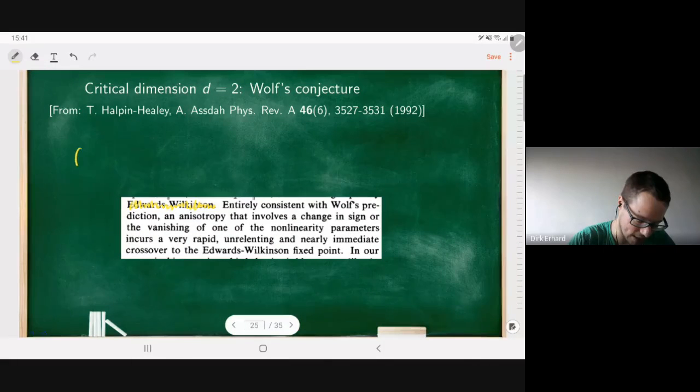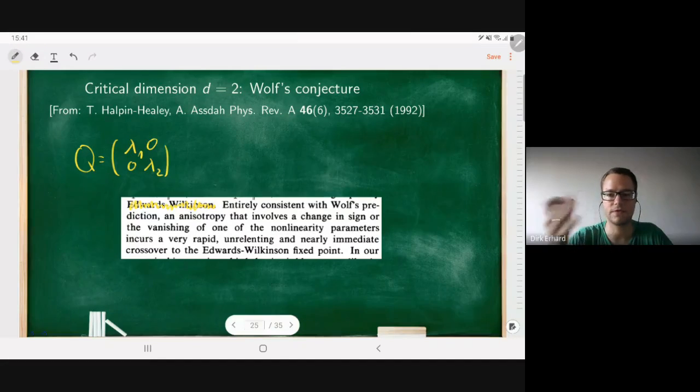So this means that they think of a Q just of that form. In particular, the determinant is negative if the signs of lambda 1, lambda 2 differ. And what is Edwards-Wilkinson? That's simply another name for the stochastic heat equation, which is another name for the linear equation.